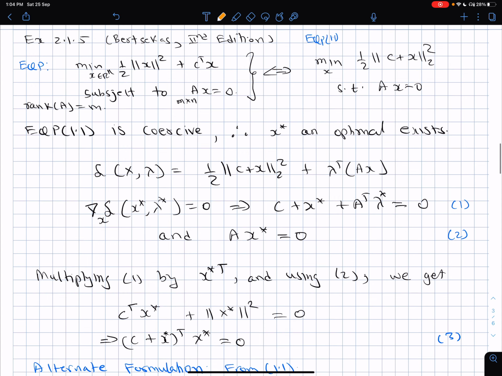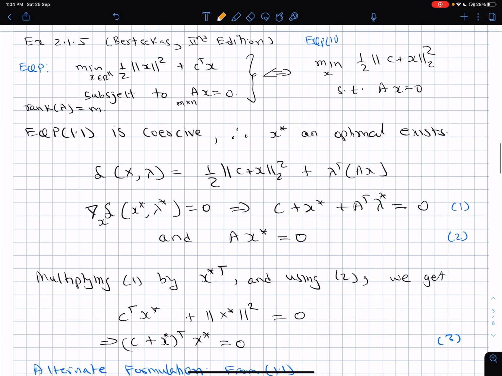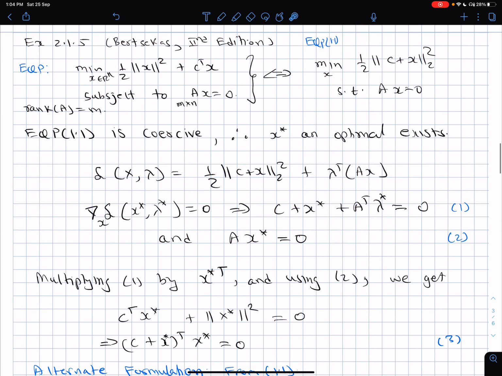Minimize the square of the length of x vector. So this is x1 square plus x2 square plus x3 square and so on up to xn square, plus c transpose of x, subject to the equality constraint Ax is equal to 0. x is an n cross 1 vector, A is an m cross n matrix.